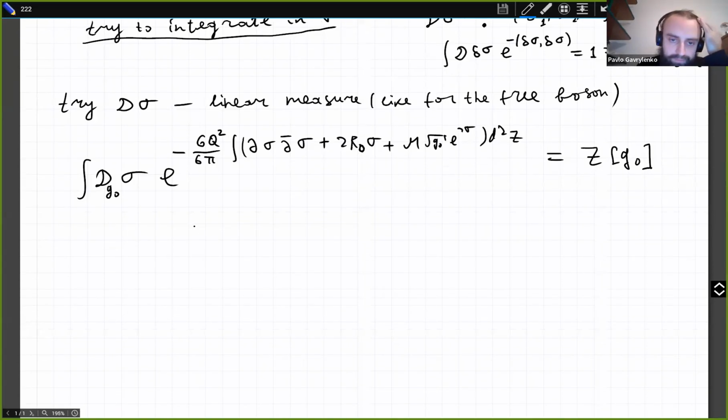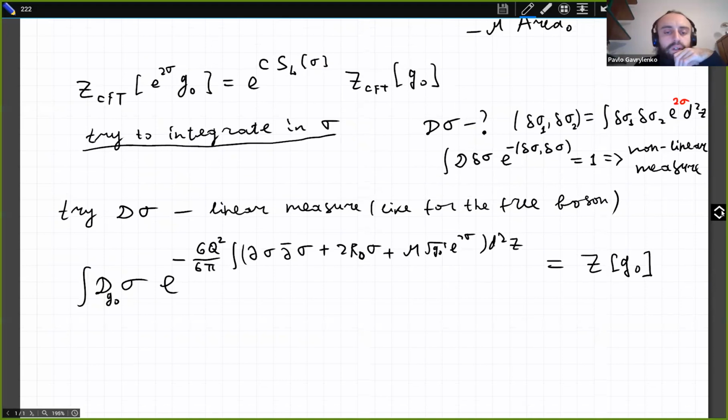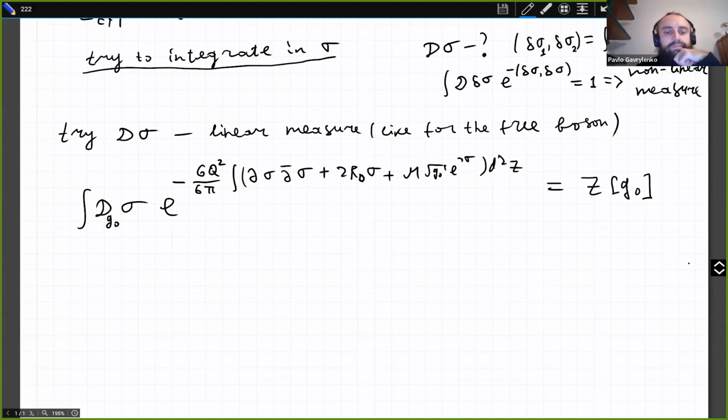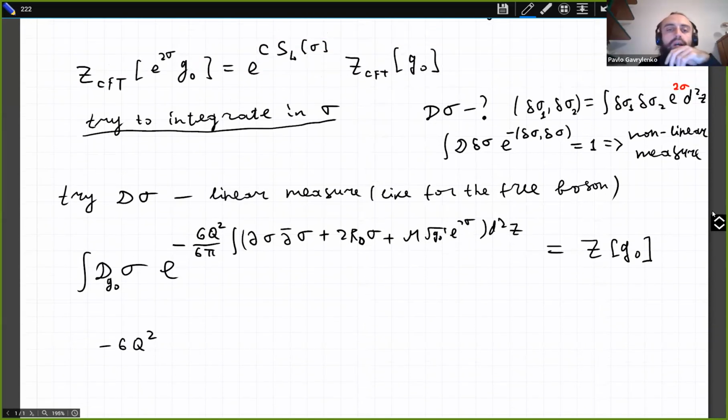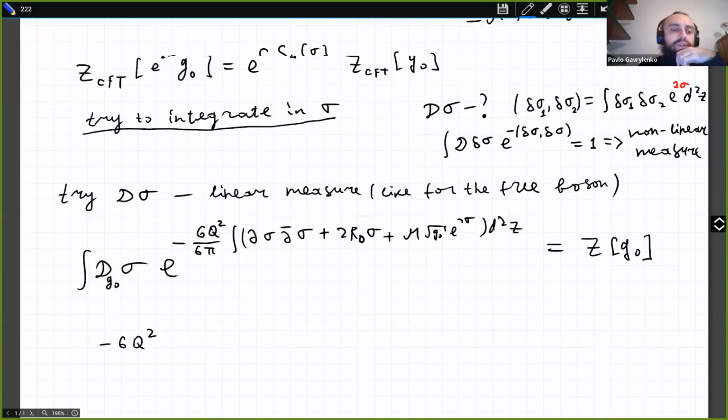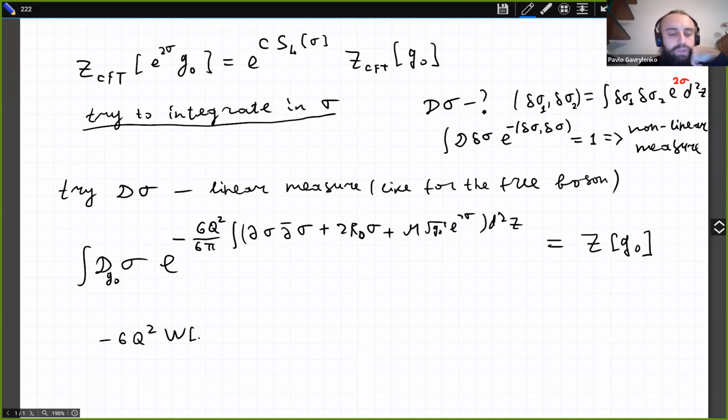So we have here the following expression: minus 6 Q squared times the Liouville action, which is itself the difference of W of sigma plus sigma 0 minus W of sigma 0.